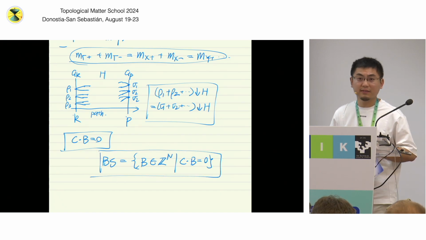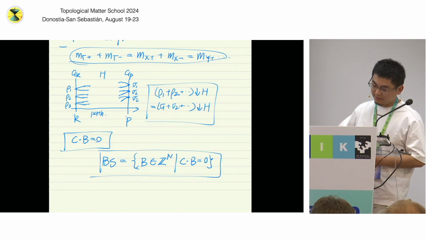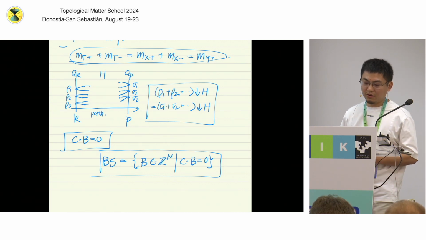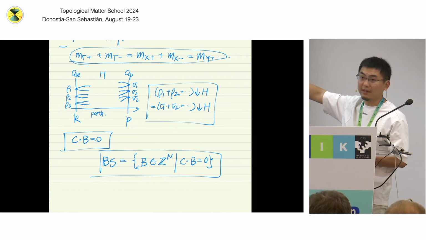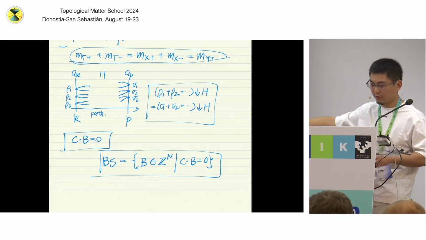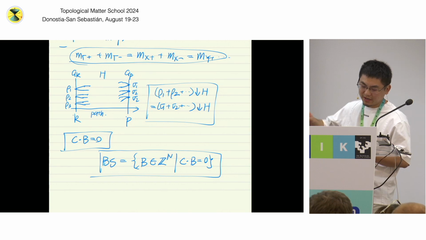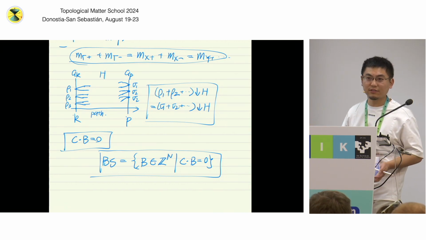Basically, this is the collection of all possible band structures that follow compatibility relations, at least along the high symmetry lines. So roughly speaking, we can regard this set as the collection of band insulators.